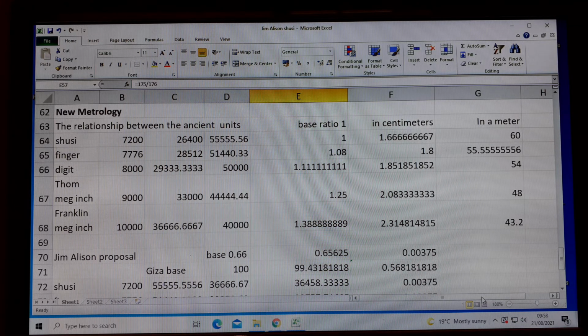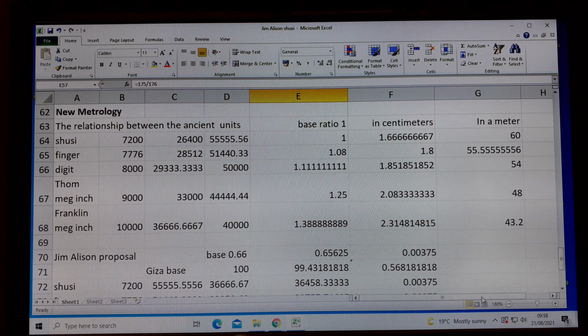There are 9,000 units in an Alexander Thom megalithic inch, and there are 8,000 units in a digit. And from that, using the work of Professor Greaves, I deduced that the finger has got 7776 units in it. And now, at the top of the tree, we've got the Shusi, which obviously has got the digit divided by 10 times 9, which is 7200 units in a Shusi.